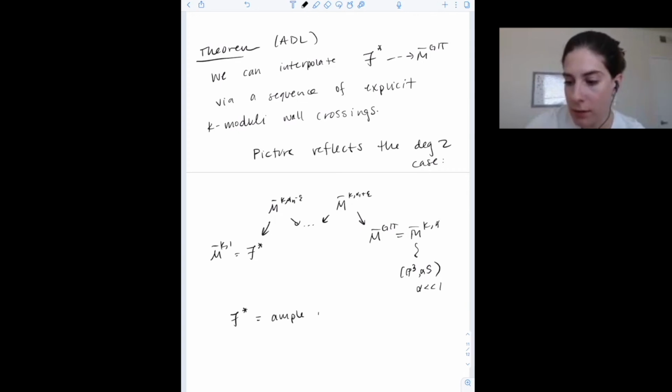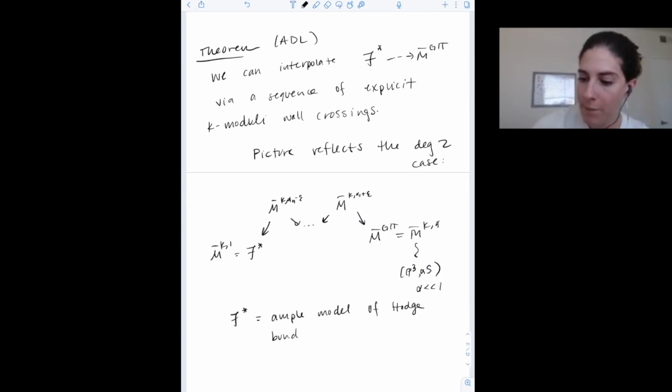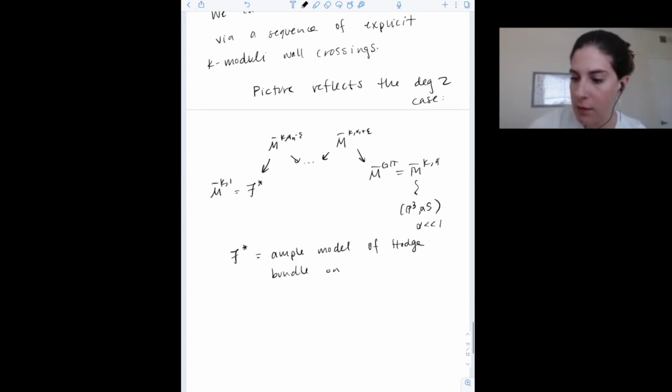And just as in the degree 2 case, this last map is the ample model of the Hodge bundle on the K-moduli space, the very last K-moduli space.